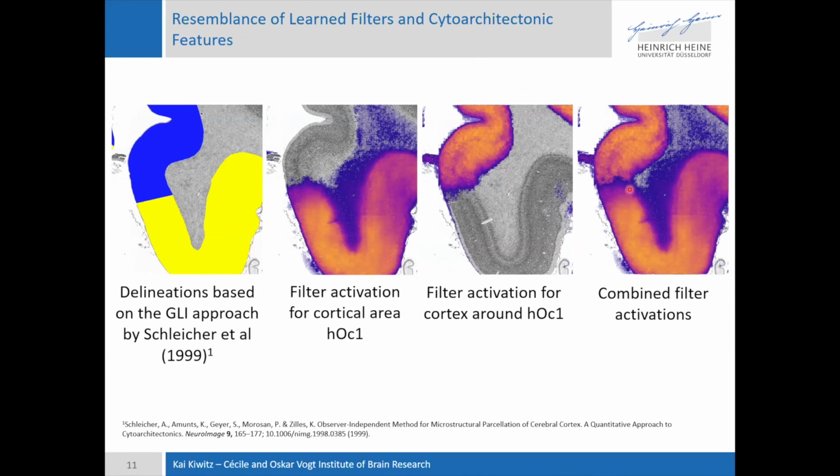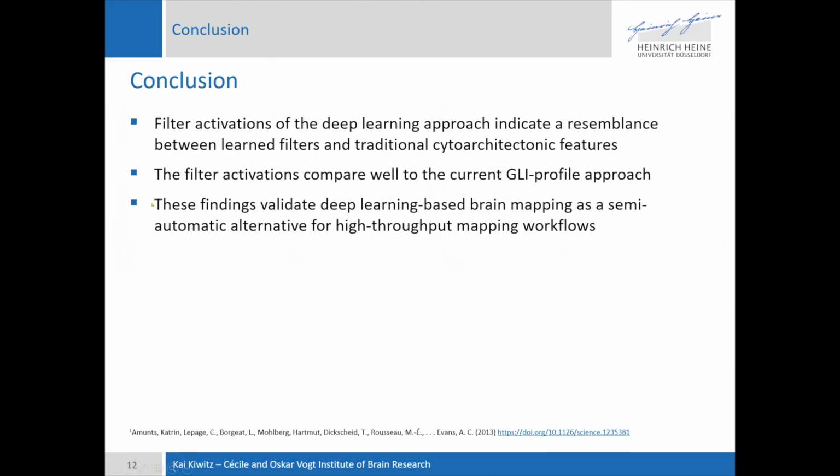If you combine these two filters, you see that there might be a border representation inside the trained neural networks that actually fits quite well to the delineations based on the current GLI approach. So we think that filter activations of a deep learning approach indicate that there is a resemblance between learned filters and traditional cytoarchitectonic features.